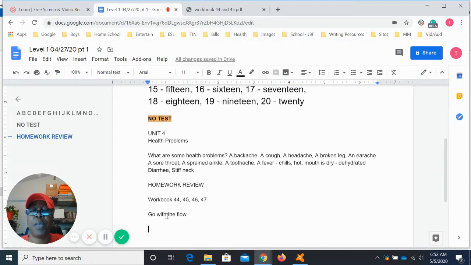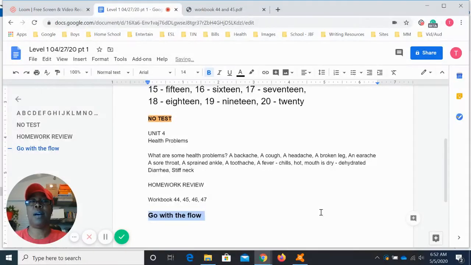right? When you say you're going to go with the flow, that just means you are going to continue what you're doing in the order that you're going. No matter what's going on around you, no matter what mistakes there might be, you will just go with the flow. You just keep moving.